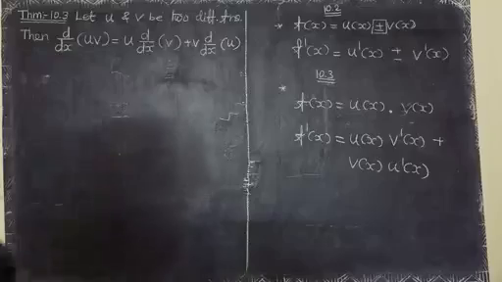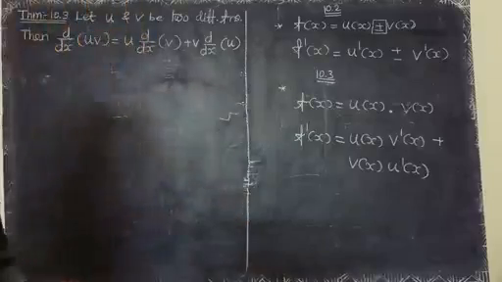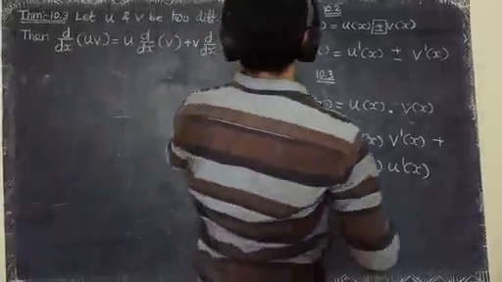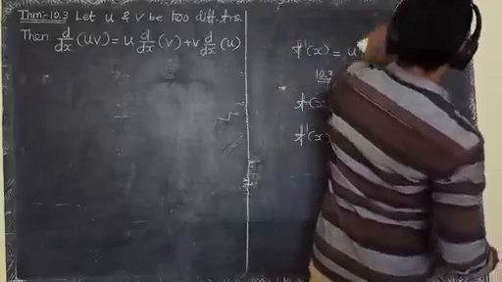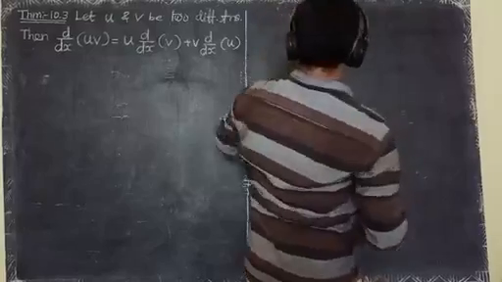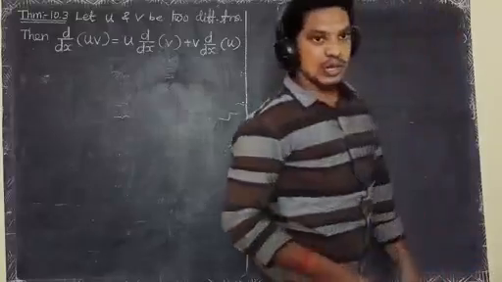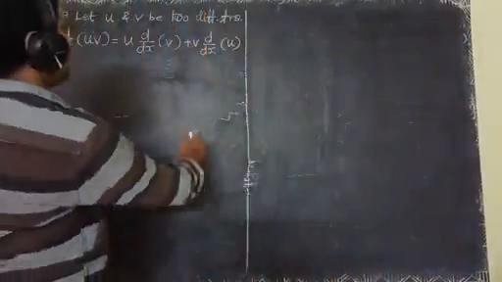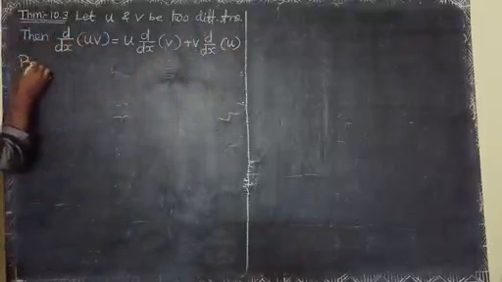Here, to prove that u and v are differentiable functions, d by dx of uv is equal to u into d by dx of v plus v into d by dx of u. Proof.